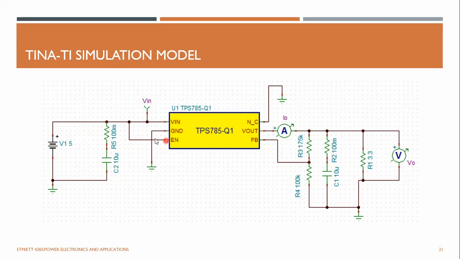So that's the purpose of having the enable pin. It's not like a switch mode power supply. Either you pull it up high to enable the output and pull it down to disable the output. When you disable it, it will go to standby mode. That will draw very low quiescent current compared to nominal operation, which means you can save your battery life.